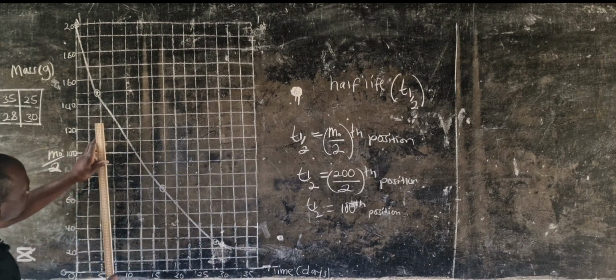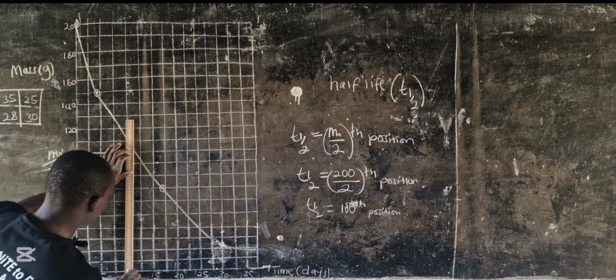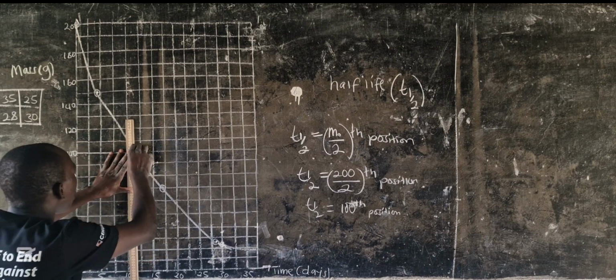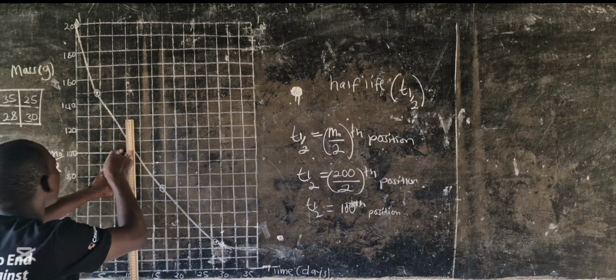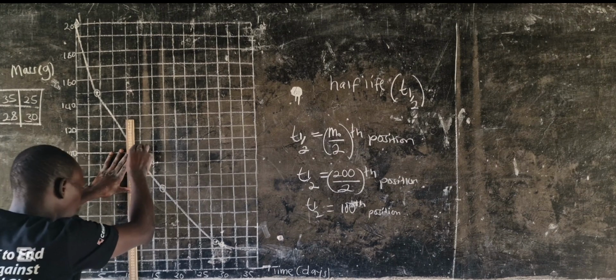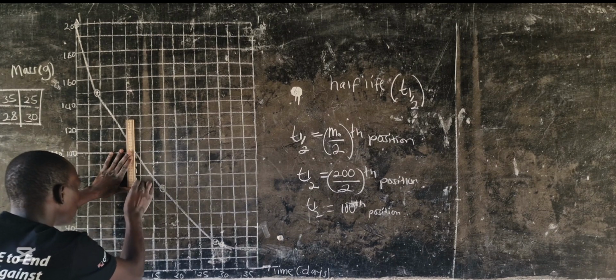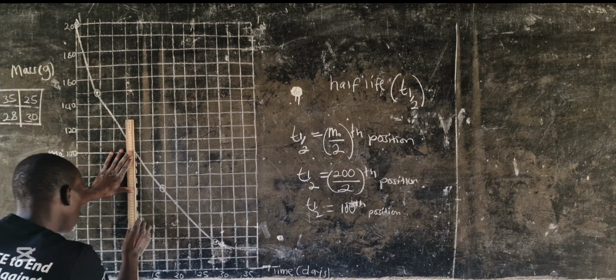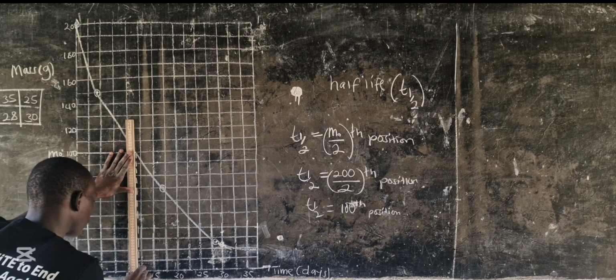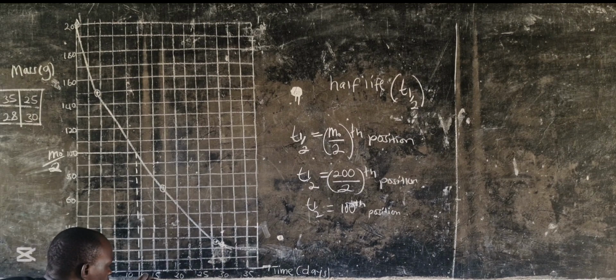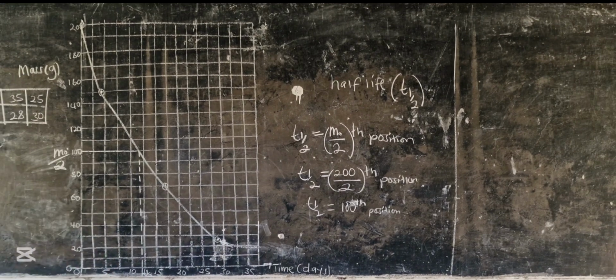The moment it touches your curve, you draw another line from the point of connection up to the time axis like this. You can even use a dotted line. Then at this point, this is where we find T half.